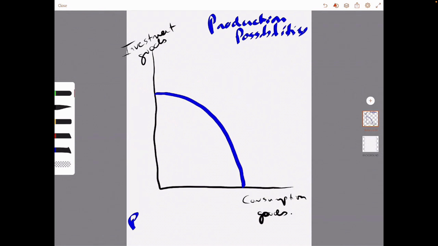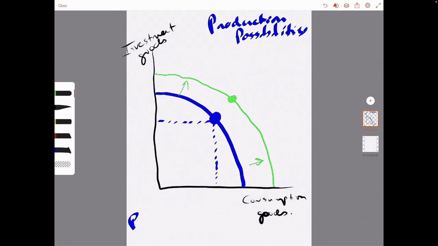So this is the production possibilities view of growth. And for growth to happen in the production possibilities world, we needed that curve to shift outward. Because remember, when we looked at production possibilities, we had a dot on the curve that represented a certain combination of the two goods on our axes. And we said, well, it would be nice to get to an amount out here, but we weren't able to.